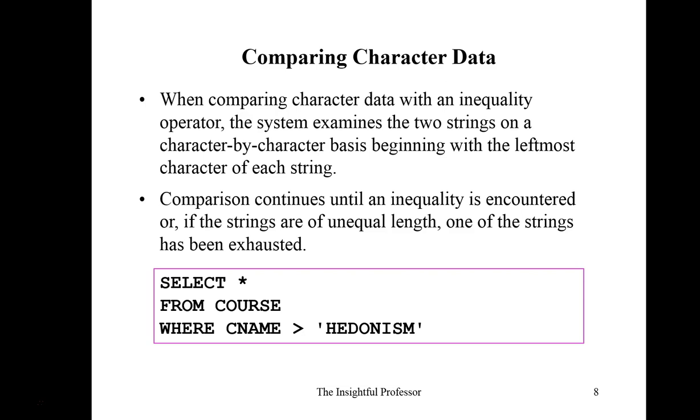And that's really what we're looking at here. So this is not saying one name is greater than another, but identify all those courses that have a course name that alphabetically follows hedonism.